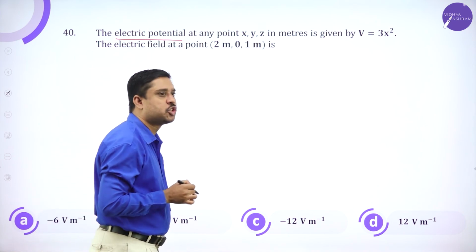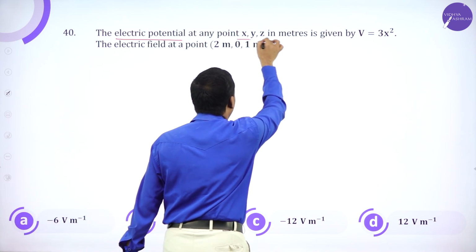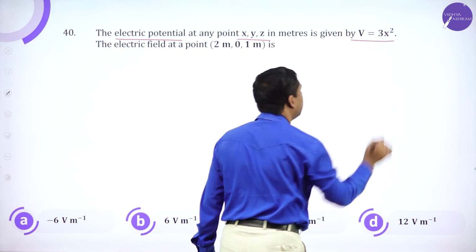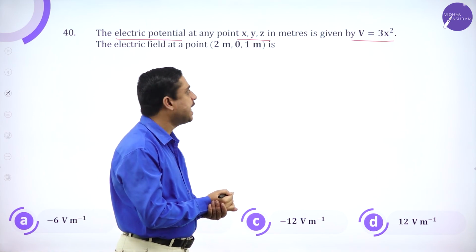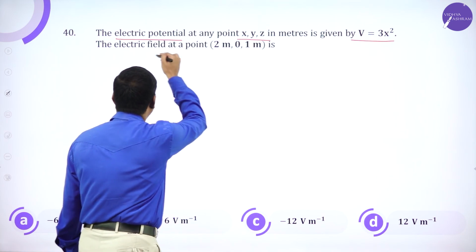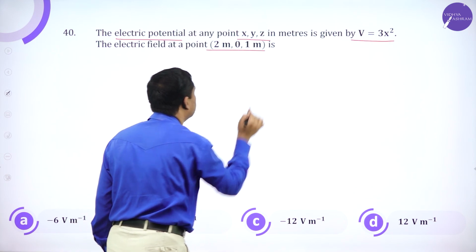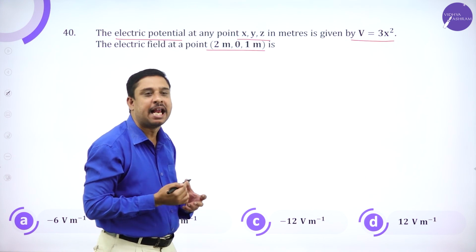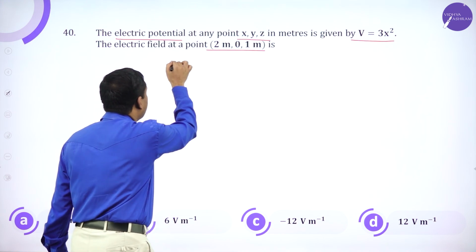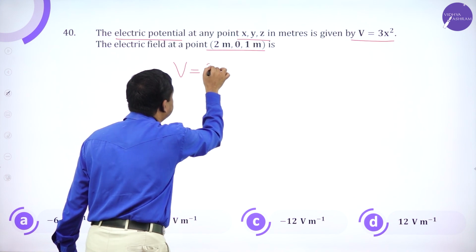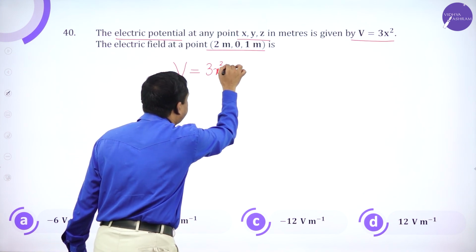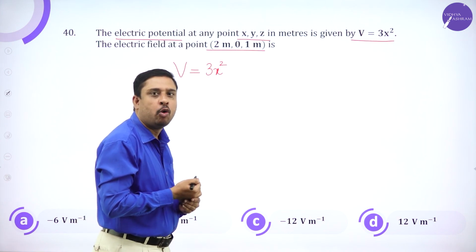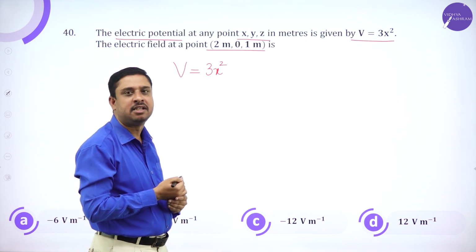The electric potential at a point x, y, z is given by V equals 3x square. The electric field at a point 2 meter, 0 and 1 meter has to be calculated. Now we say potential is 3x square. How do we calculate the electric field?